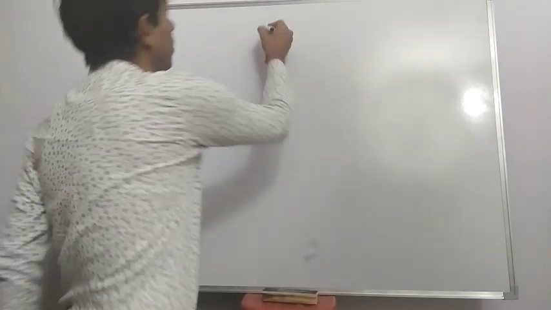Today's topic is multiplication in fast speed, part 2. Yesterday we learned the multiplication in partition system.